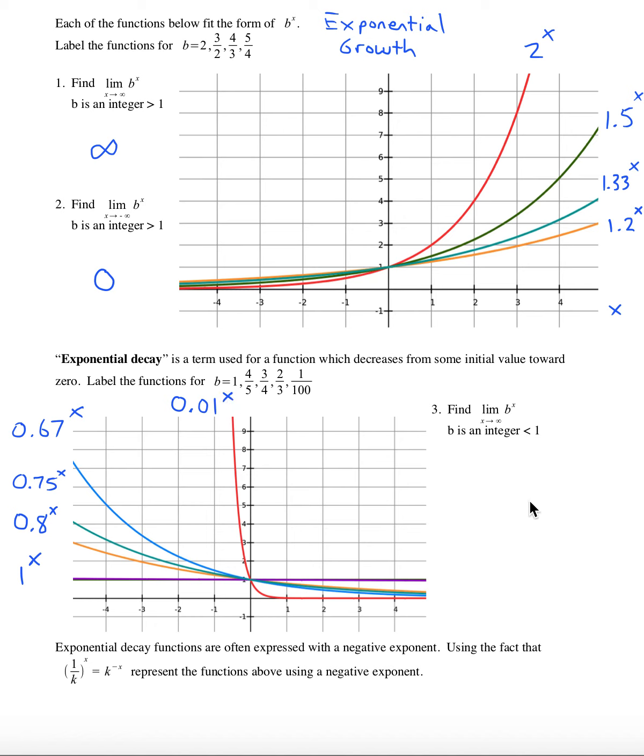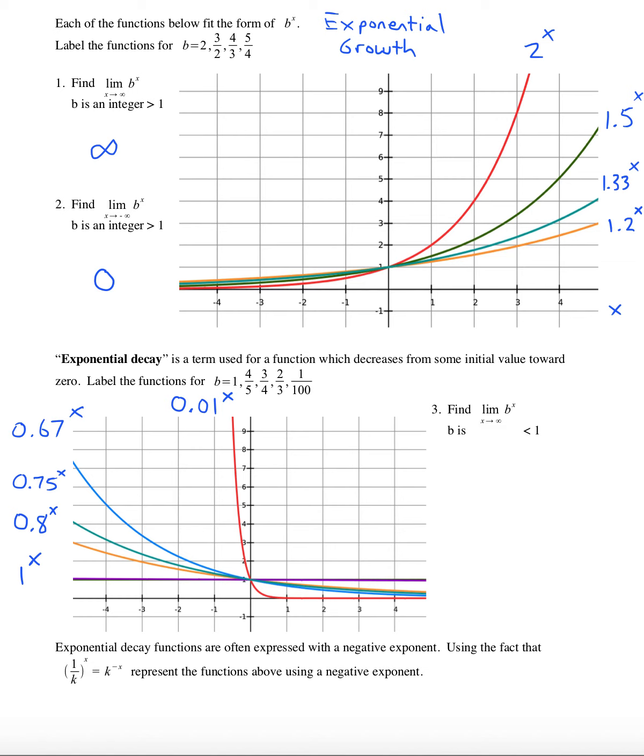So what is the limit of this function as x heads toward infinity when the base is less than 1? It doesn't actually have to be an integer. That's a typo.